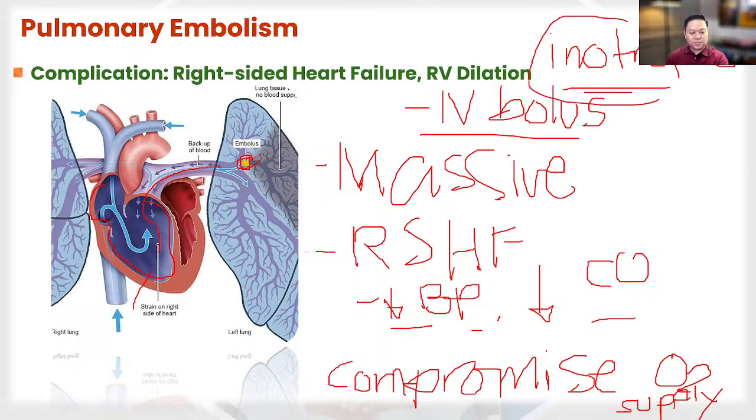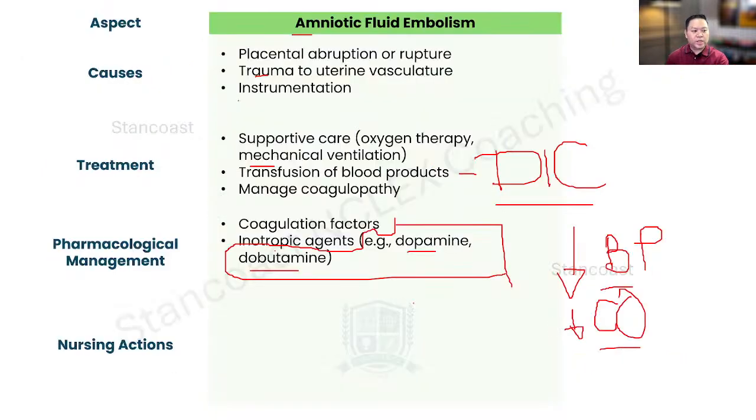Now let's return to that previous slide that we just used. So we are back to the amniotic fluid. The patient with amniotic fluid embolism will have to use this modality as well, similar to the pulmonary embolism. Again, this is to maintain blood supply to the major organs of the body and also the blood supply to the kidneys.